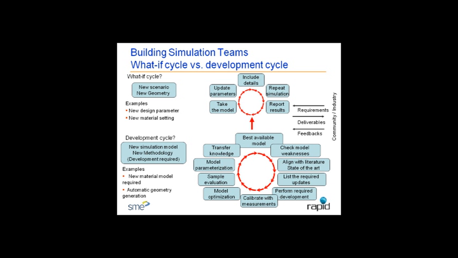On the other hand, a development cycle is required if your simulation is quite new, and the development cycle includes several additional steps, including model evaluation, calibration, and multiple learning cycles.